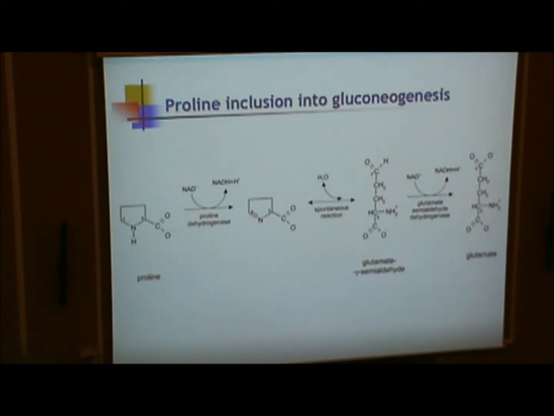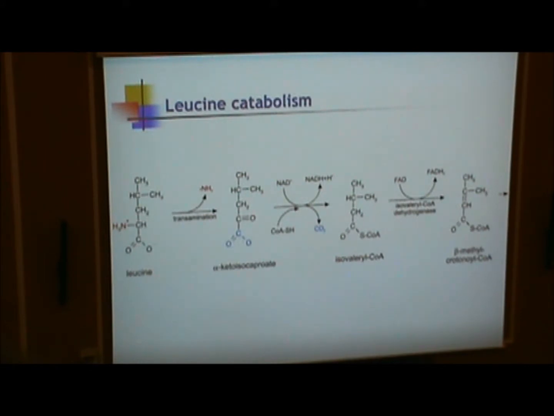Alpha-ketoglutarate is submitted to oxidative decarboxylation, and the product of this reaction is oxalacetate, which is a metabolite of gluconeogenesis. These are the typical glucogenic amino acids.